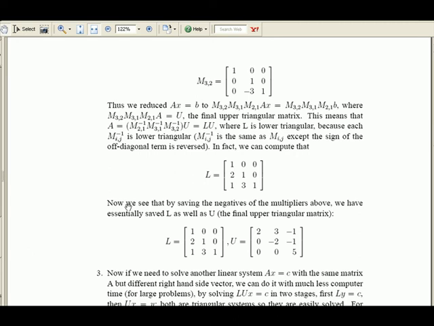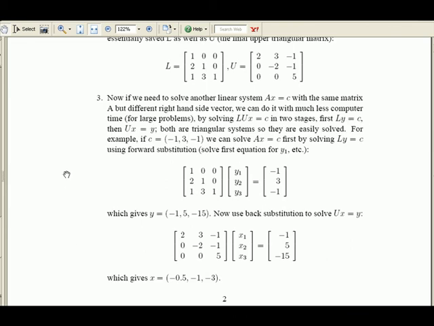And it didn't cost us anything extra, because all we had to do was save the negative of the multiplier every time we knocked out an element below the diagonal. Instead of putting a 0 there, we saved the negative of the multiplier, and we end up with L and U both saved in compact form in the matrix A. So DLINEQ has essentially calculated the LU decomposition of A.